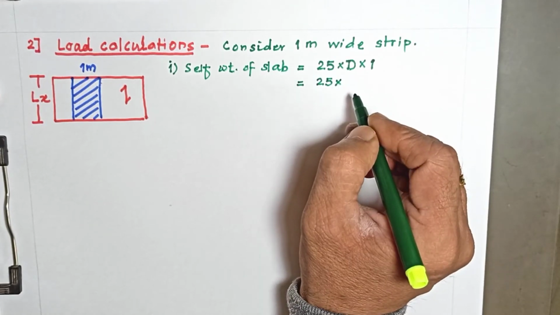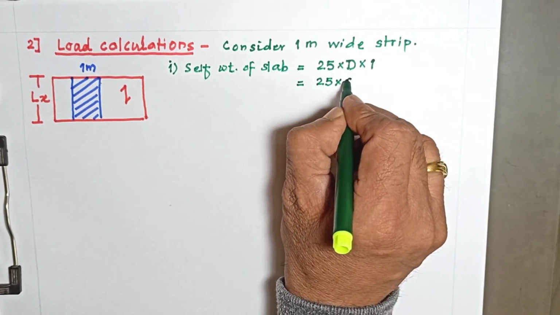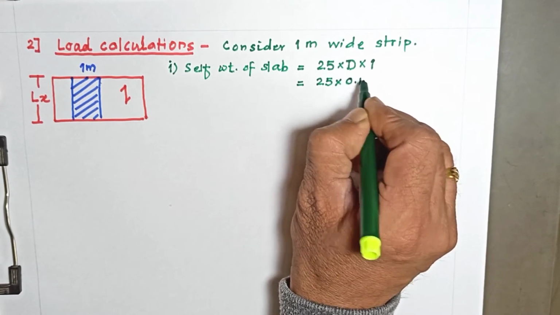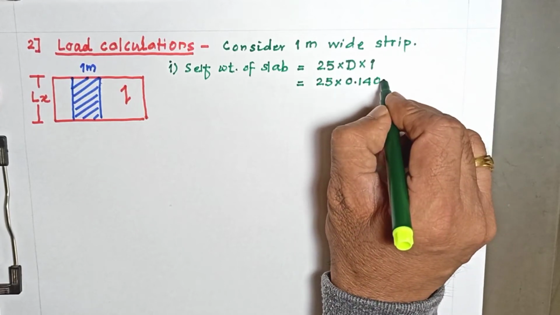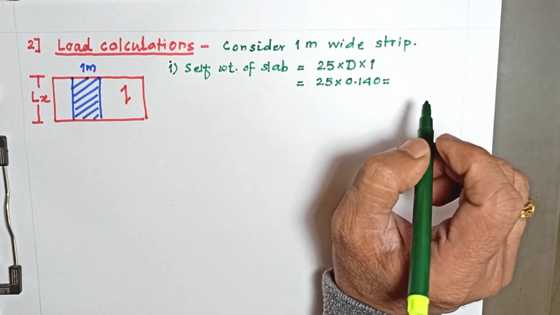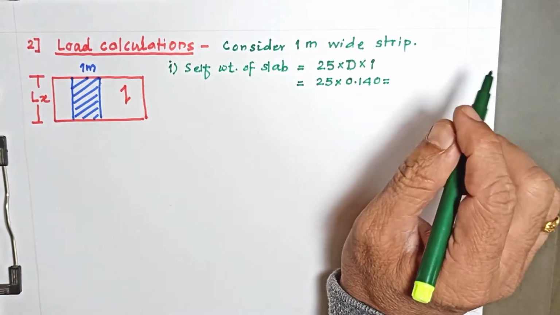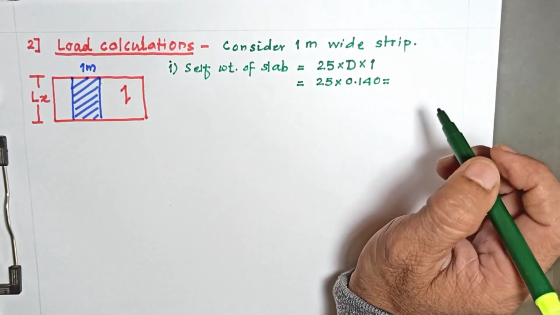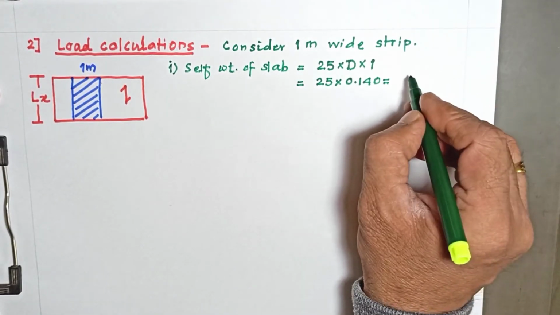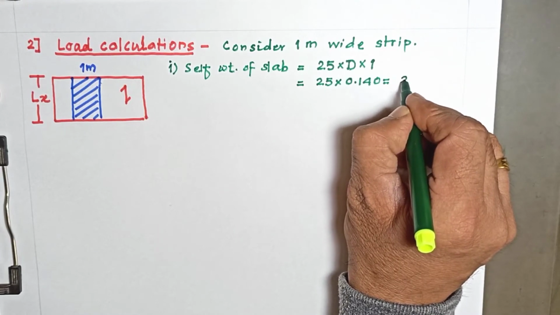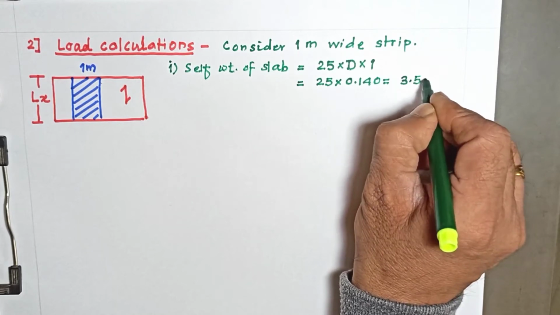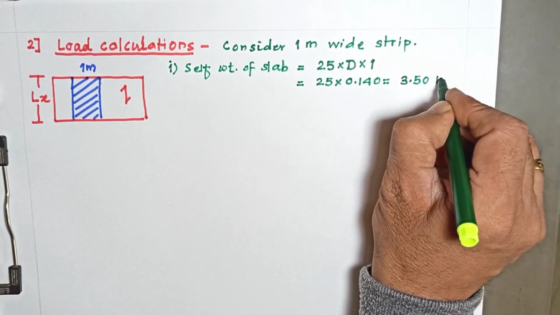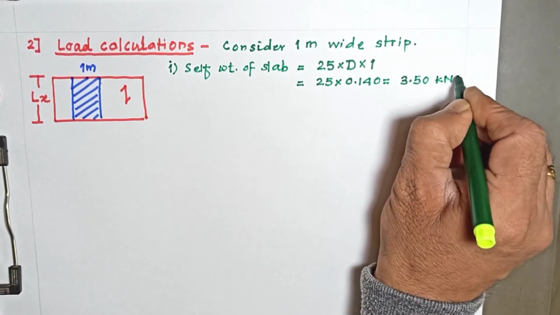What is D? 140. So in meter it is 0.140 into 1, which comes out to be 25 into 0.14, that will come out to be 3.50 kilonewton per meter.